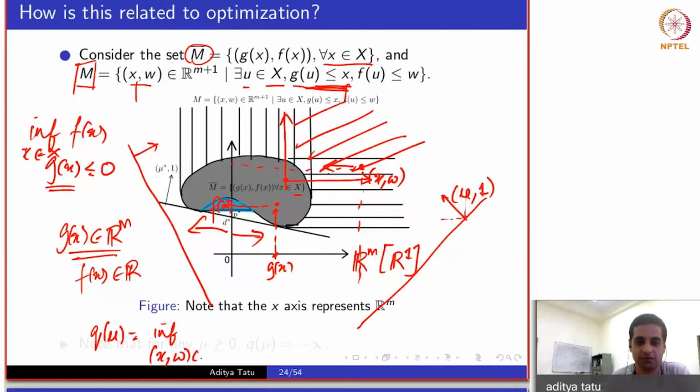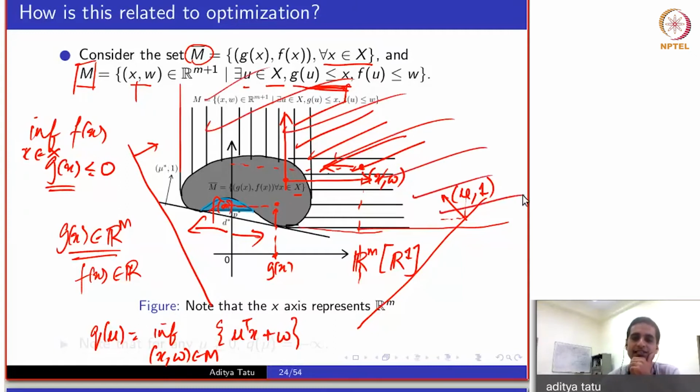The infimum over (x, w) in M of mu transpose x plus w, right? But now this set M extends right up to infinity on the right-hand side and plus infinity above. All of these are points in my set M. I take this hyperplane, what will be the smallest intercept I will get?